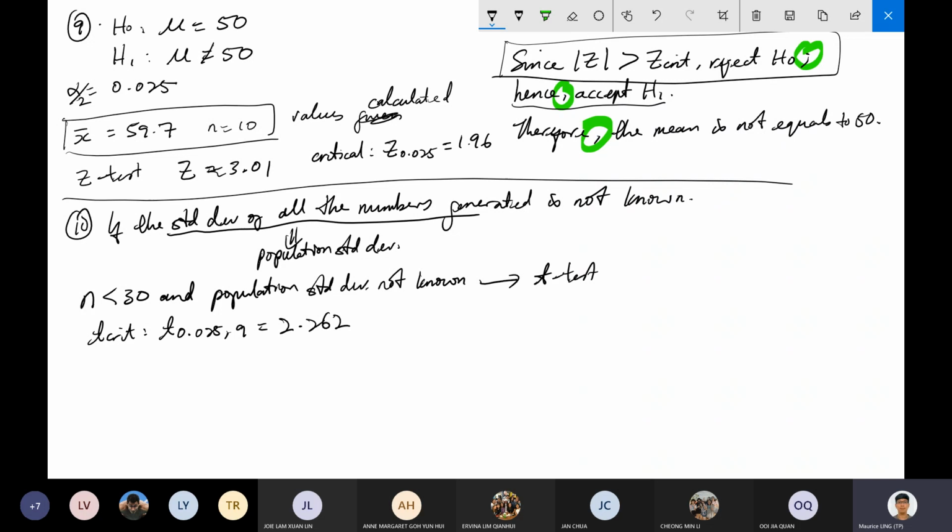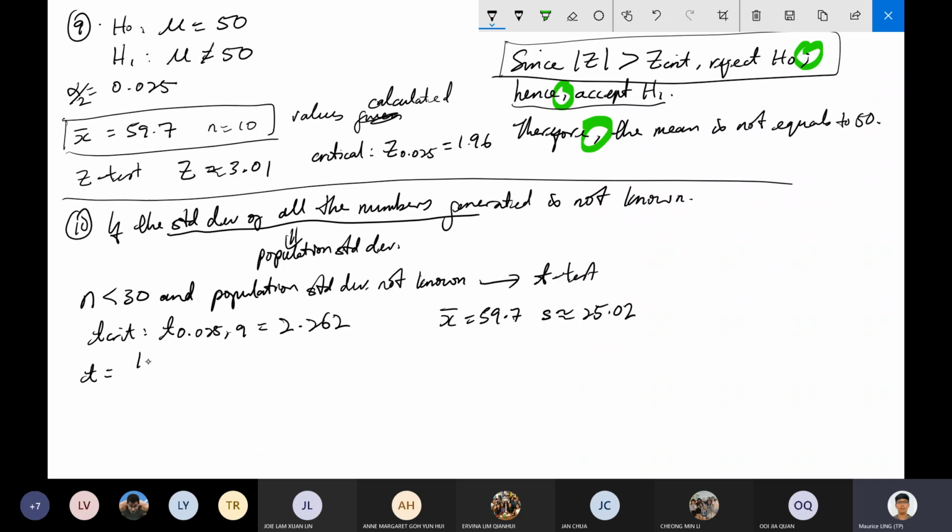Okay. But your t value, okay, now you have, because your population variance is not known, you cannot use the population variance. You can only use the sample variance, which you actually calculated. 59.7. Sample variance is actually about 25.02.